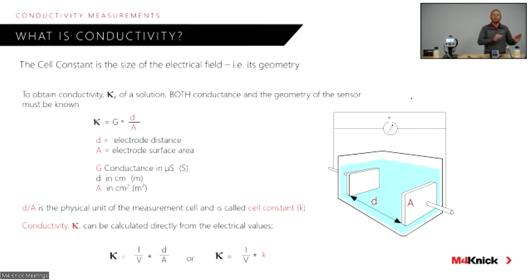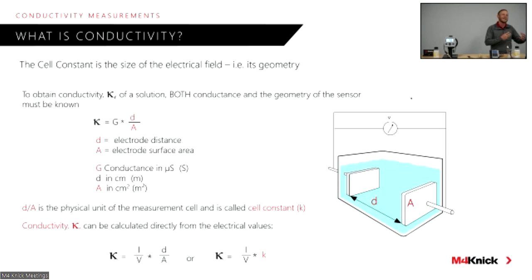What that refers to is the geometric makeup of those electrodes, and within the industry we refer to that as the cell constant. The cell constant is specific to the conductivity sensor that you're utilizing. Different conductivity sensors carry different cell constants, but simply put, the cell constant is the geometric makeup of the electrode.